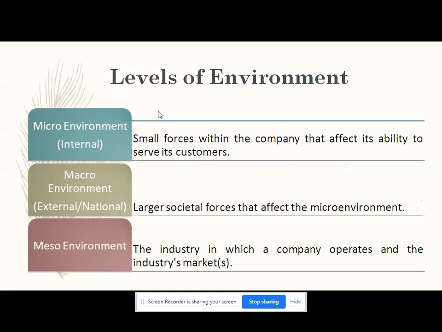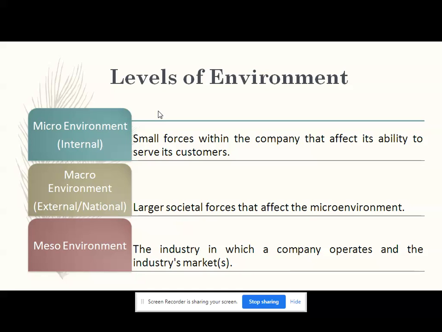Now, there are three levels of marketing environment. Before starting with the levels, we will just see the concept of environment. The business environment is a marketing term and refers to various factors and forces that affect a firm's or company's ability to build and maintain a successful customer relationship.